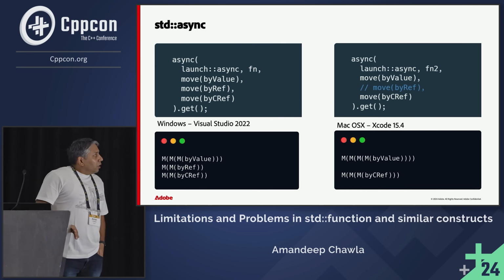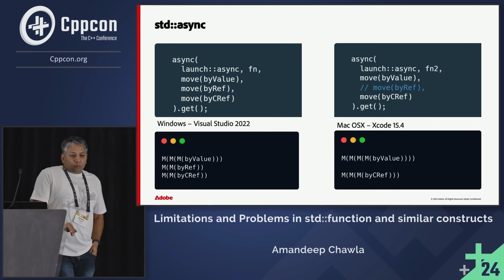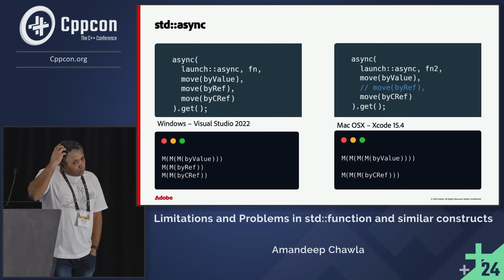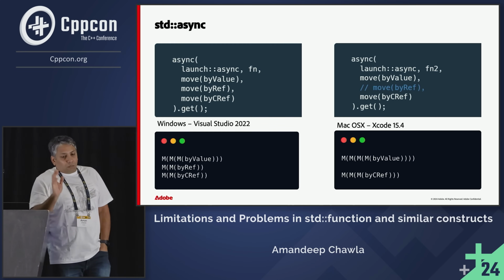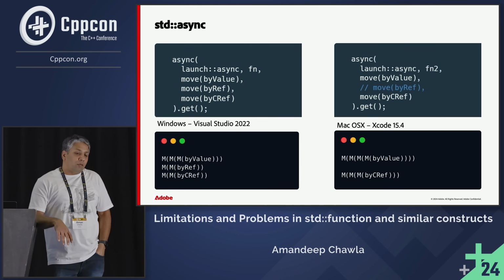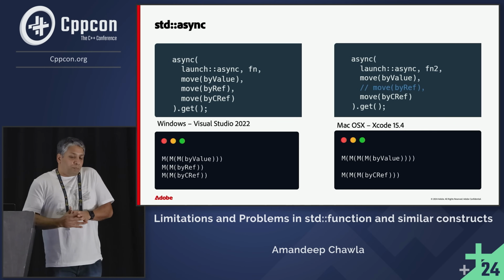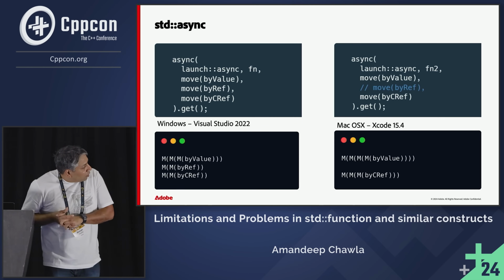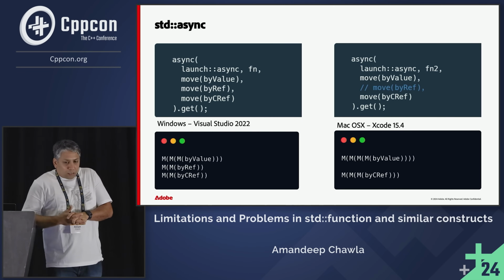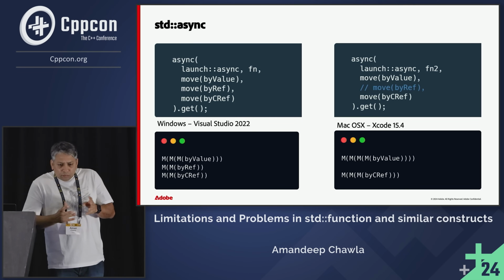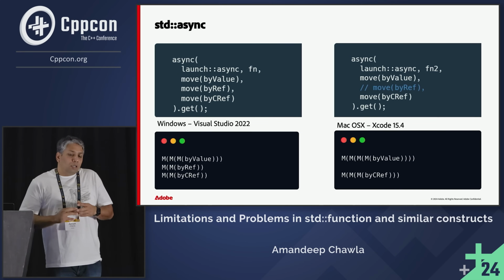Now, let's look at standard async. Again, I move everything and then ask async to just execute this code in a separate context. And it's done pretty well. You see 3 moves, 2 moves on the references, and I think on Clang, there is 1 extra move always.